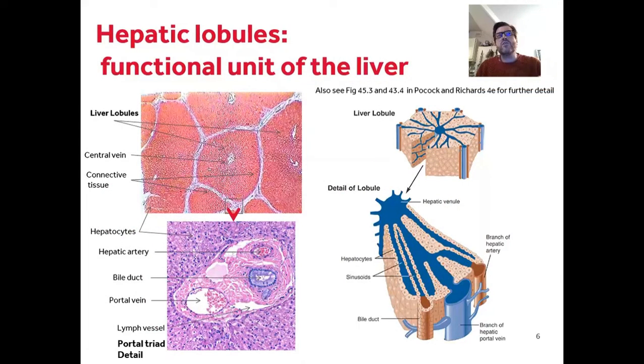Now, if we look at the liver in a little bit more detail, each lobe of the liver is made up of lots and lots of smaller units called lobules.